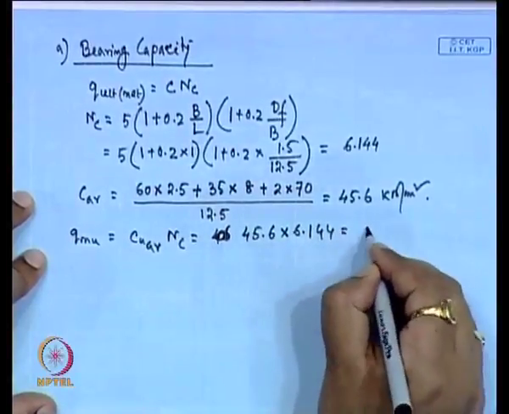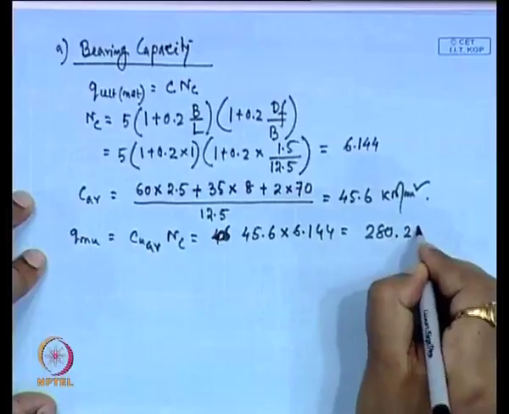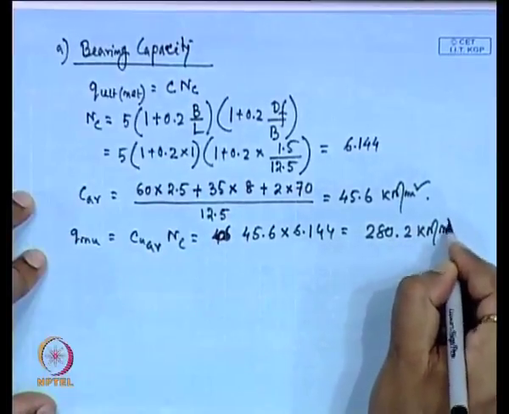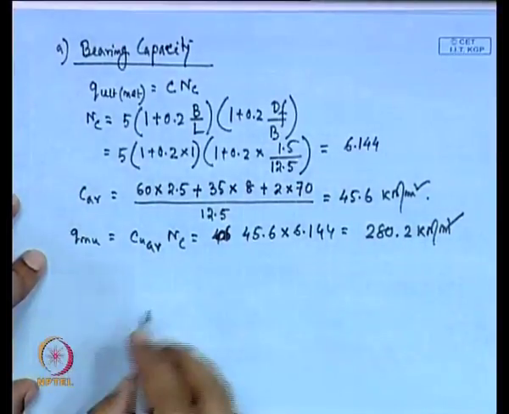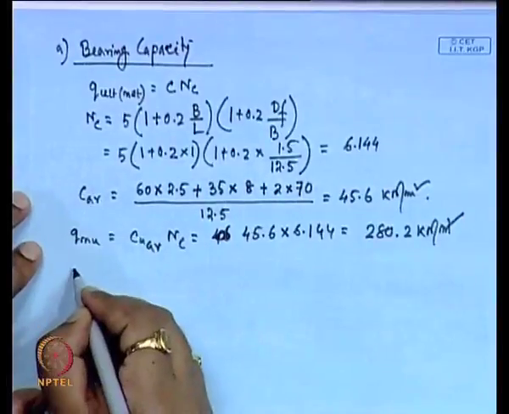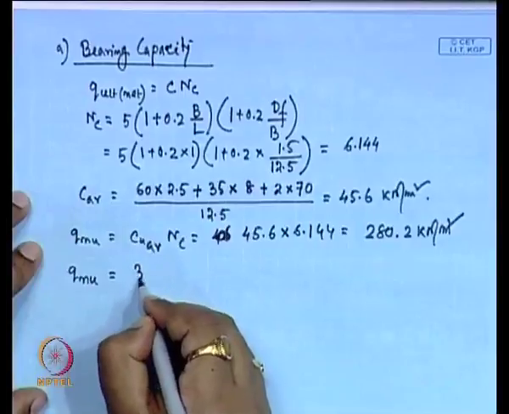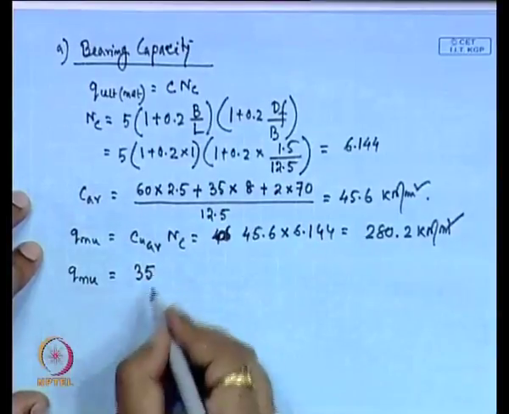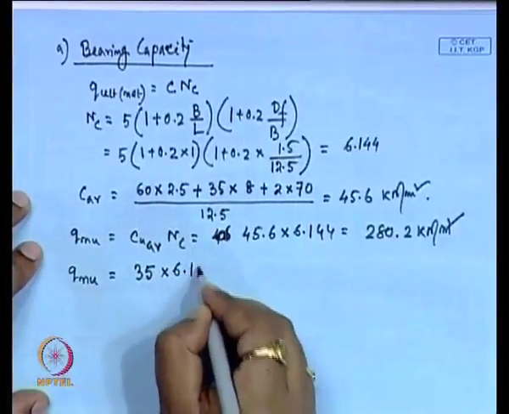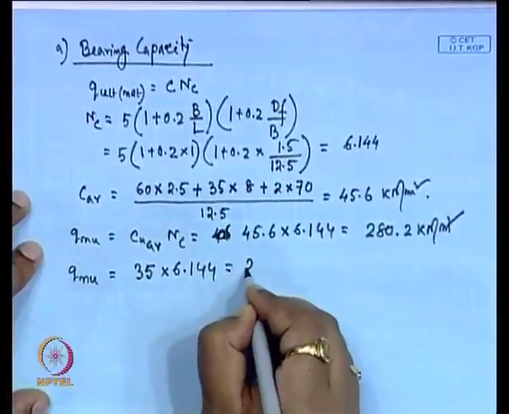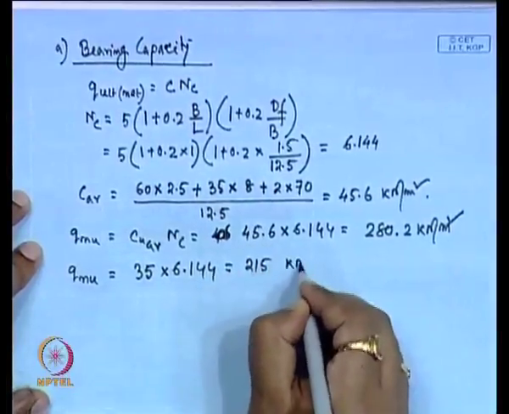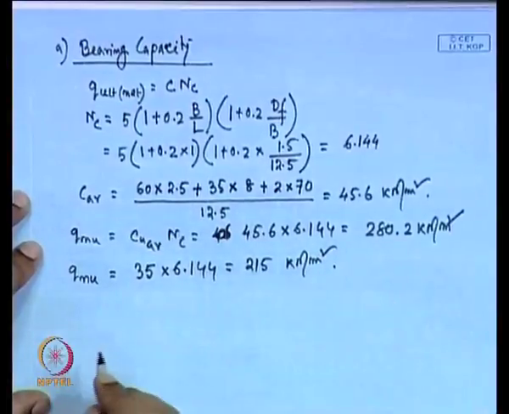So, this is 280.2 kilonewton per meter square. In the second method, we are taking only the minimum CU. So, in that case this will be 35, because minimum CU is 35 into 6.144. So, this is 215 kilonewton per meter square.